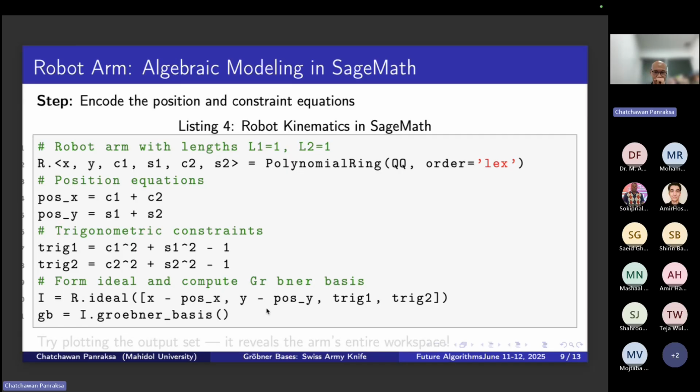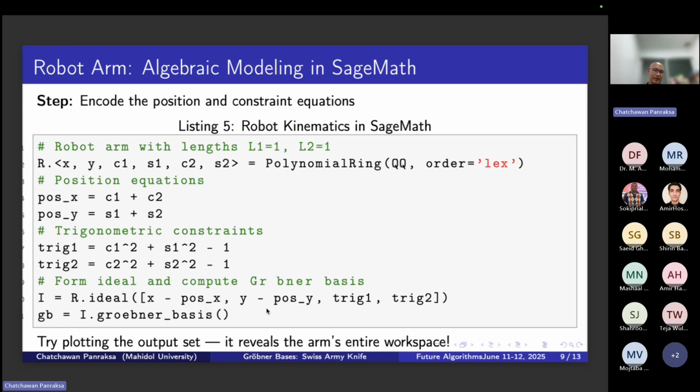This is going to show us the working space. Of course, this is an oversimplified version of the robot arm. In reality, you may have to put in more constraints.